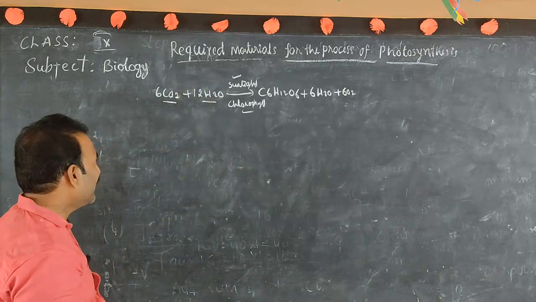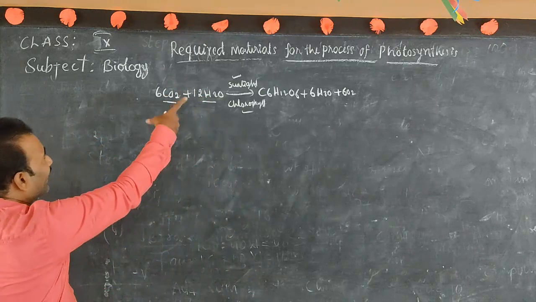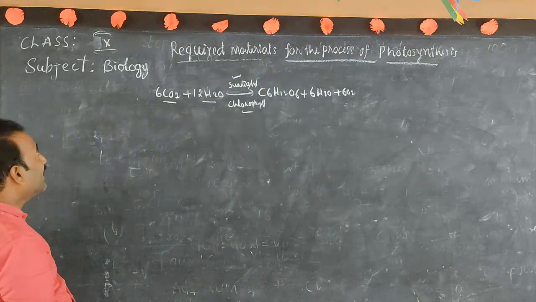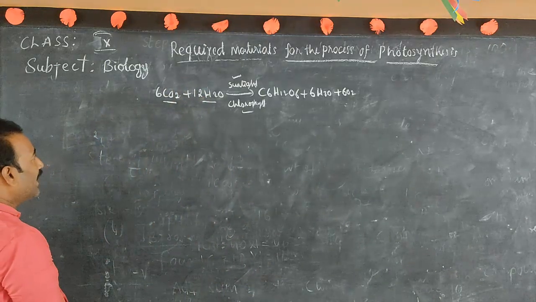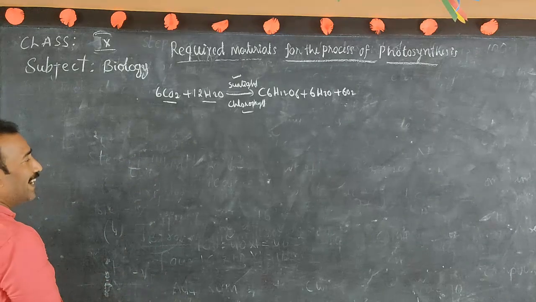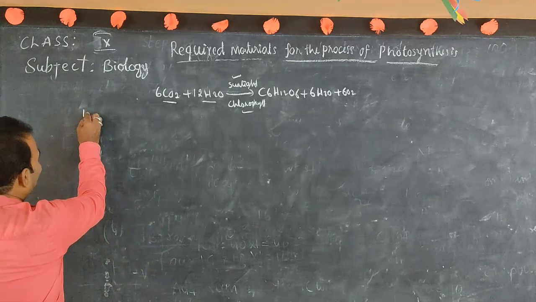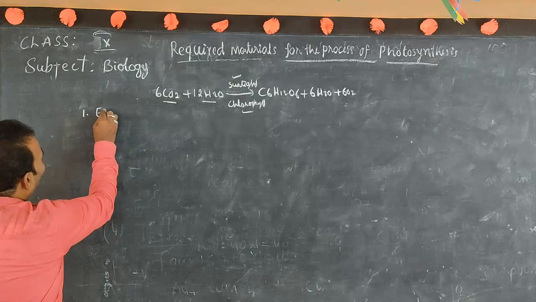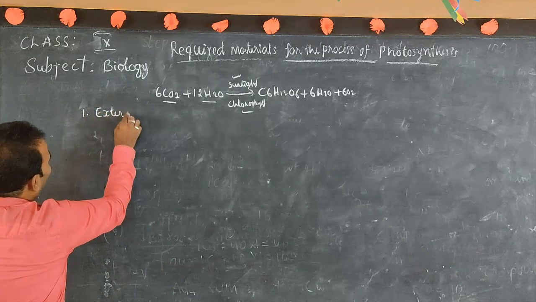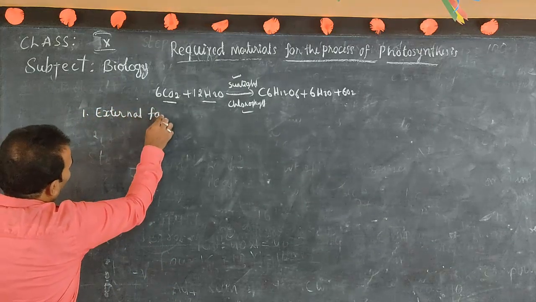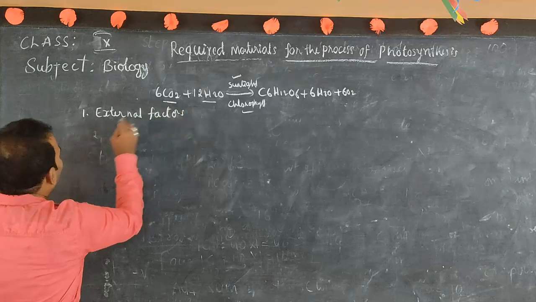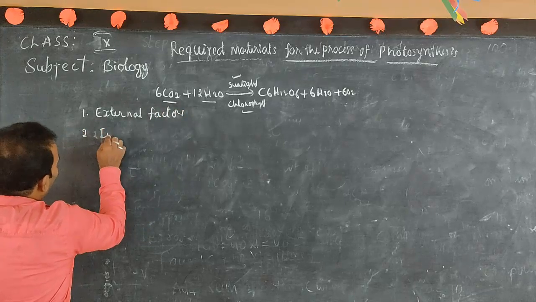All these factors related to photosynthesis are broadly classified into two categories. What are the two categories? They are external factors and internal factors.